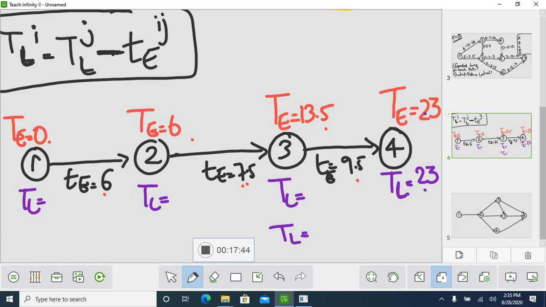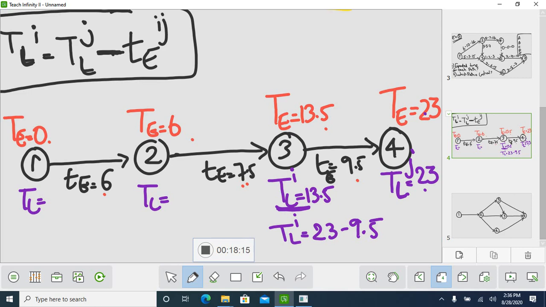As per your formula, you will be finding TL for this node. So what is this, 23 minus 9.5. So 23 minus 9.5 is 13.5.